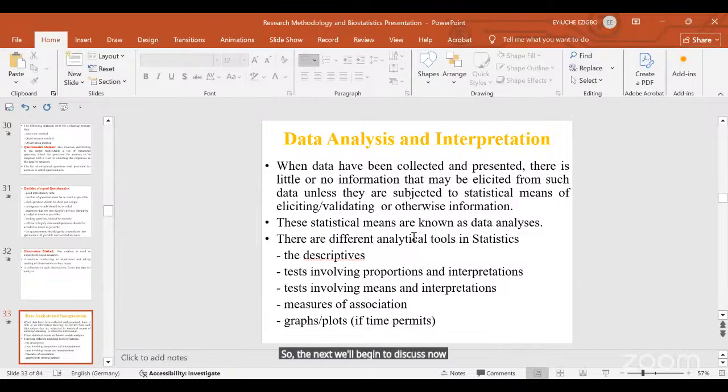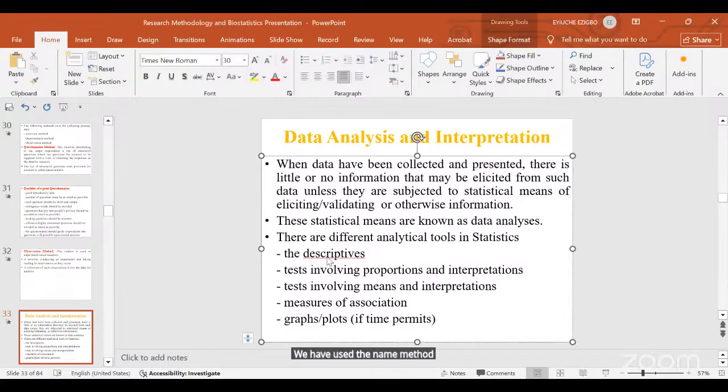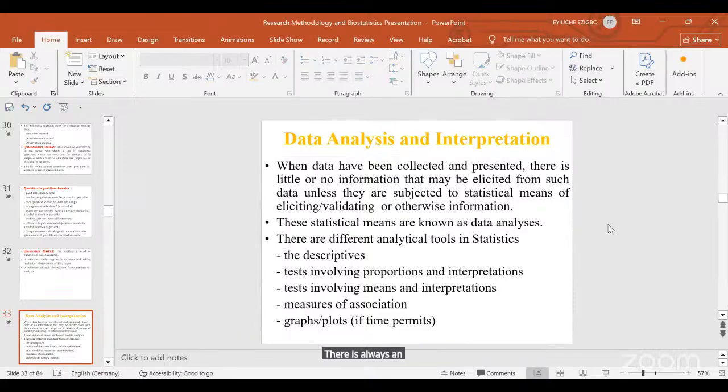When we have used either the interview method, the questionnaire method, or the observation method, there is always an end product of the use of those methods. And what is the end product? Data, data for the research. Even if we use the secondary source, what is the end product?